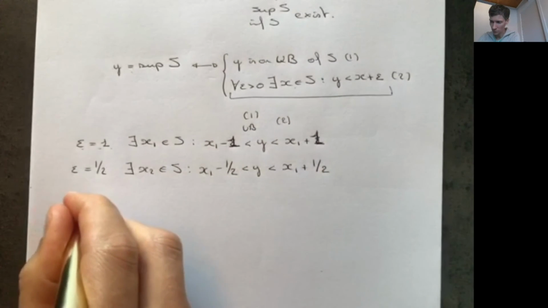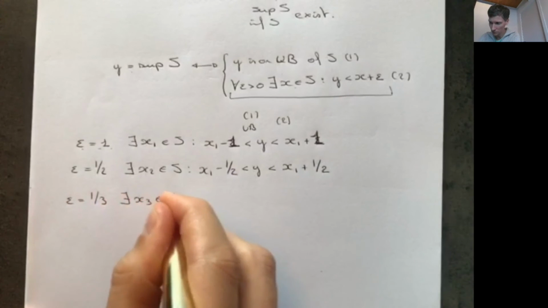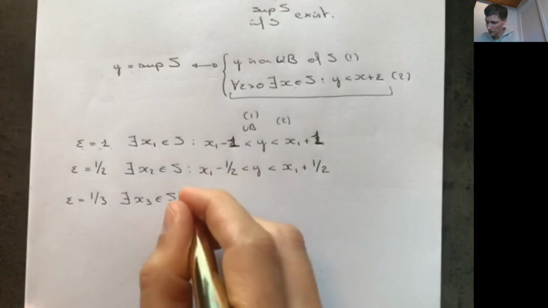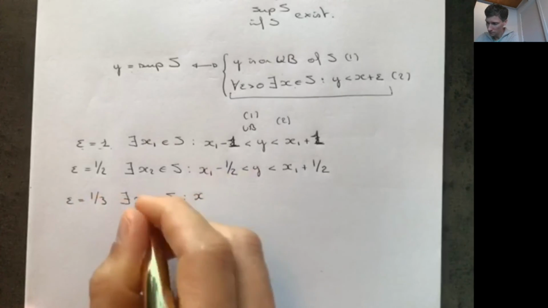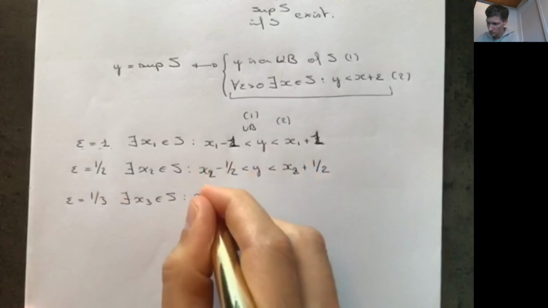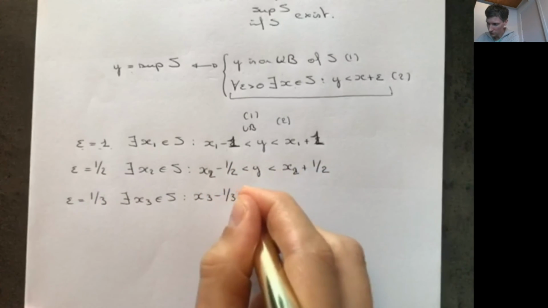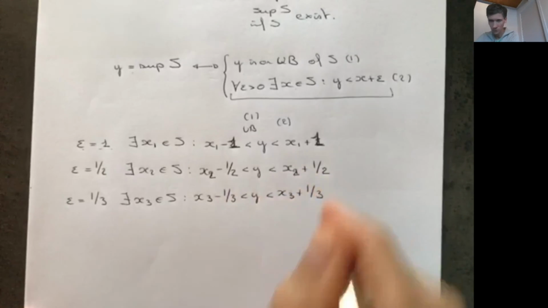I can take epsilon to be equal to 1/3. I know there's an x3 in S by this definition here, such that x3 minus 1/3 is smaller than y, which is smaller than x3 plus 1/3.